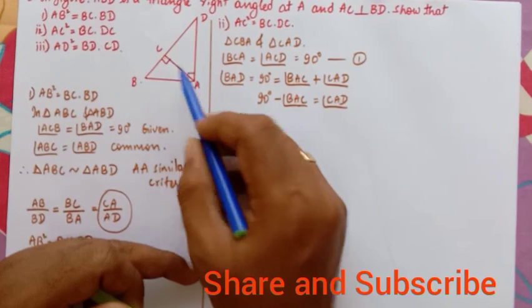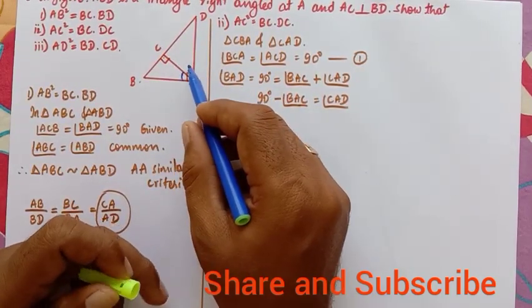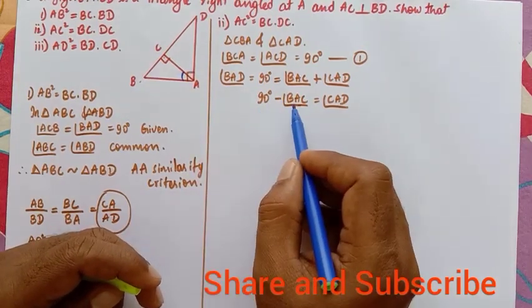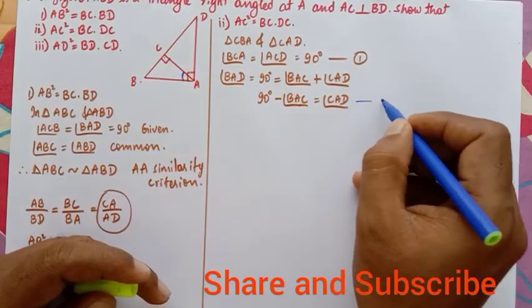Where is that CAD? If we subtract, this means 90 degree minus BAC is equal to CAD. This one we will call equation 2.